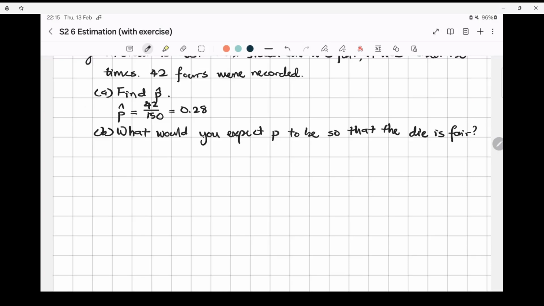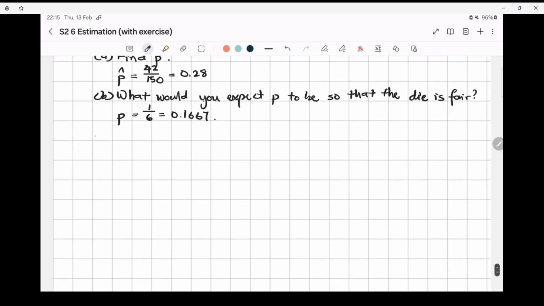So this is also simple. P should be 1 over 6 if let's say this is a fair die. And 1 over 6 is roughly 0.1667.